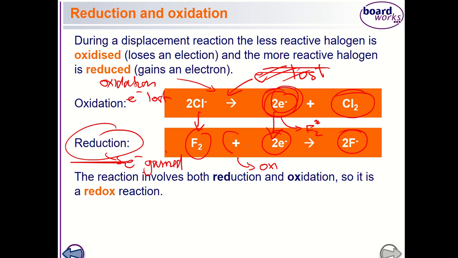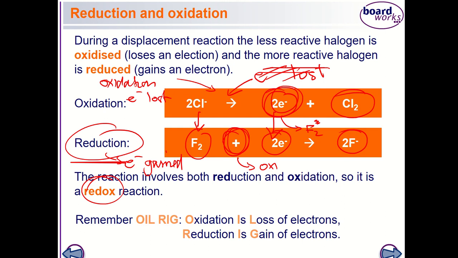As you can see, the fluorine is gaining 2 electrons. That's called reduction. And when we get reduction and oxidation occurring together, we call that reaction a redox reaction. Okay, and that's a little way to remember: OIL RIG. Oxidation is loss of the electrons, reduction is gain of the electrons.